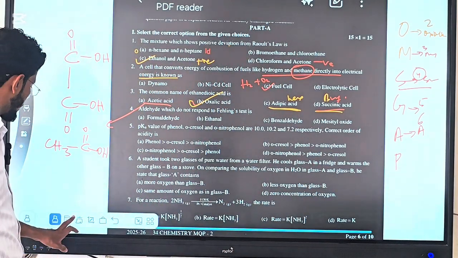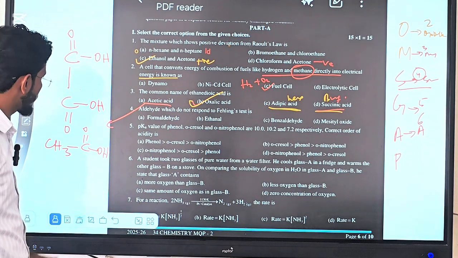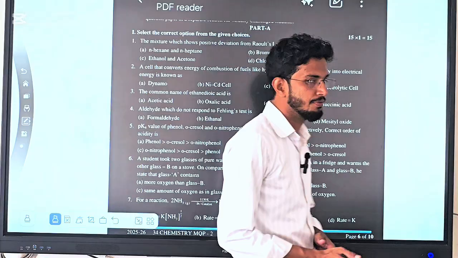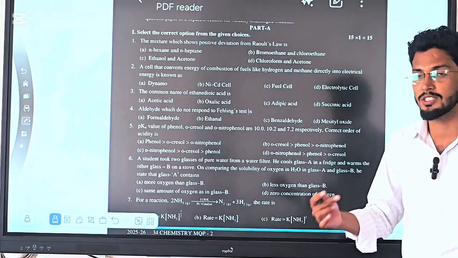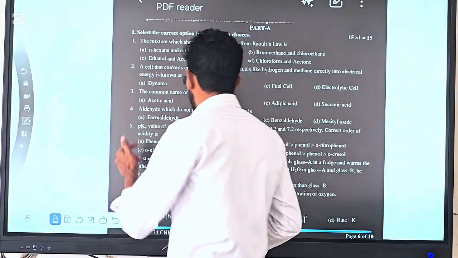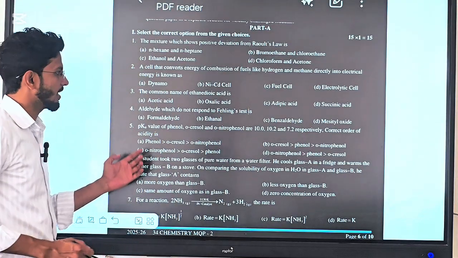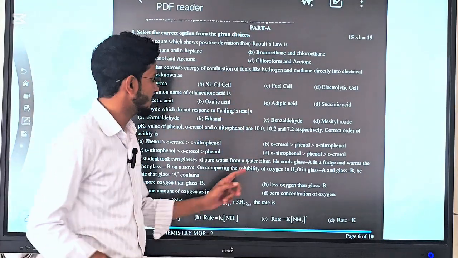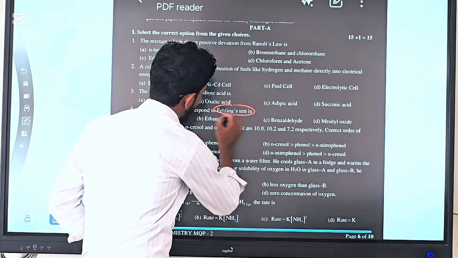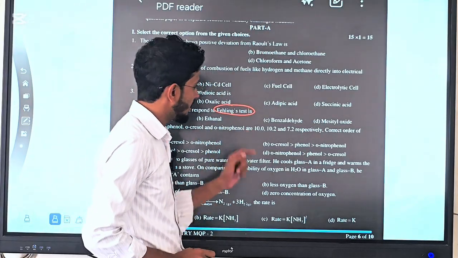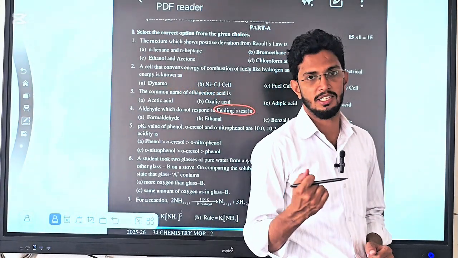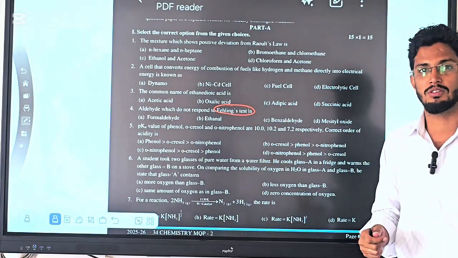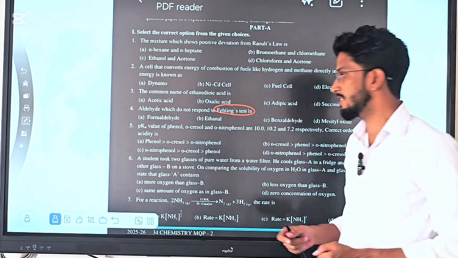Now, if we see next question, question number 4. Aldehyde which do not respond to Fehling test. Which aldehyde do not respond to Fehling test? Actually, aliphatic aldehyde give the Fehling test, but aromatic aldehyde do not give Fehling test because Fehling solution is a weak oxidizing agent, and in aromatic aldehyde the ring does not allow the compound to oxidize.